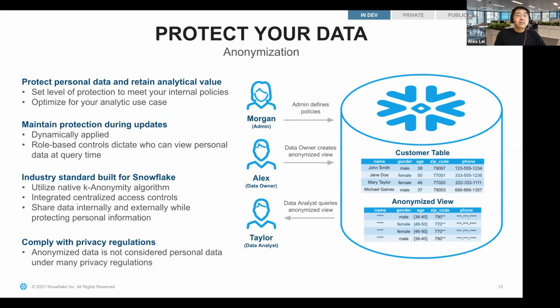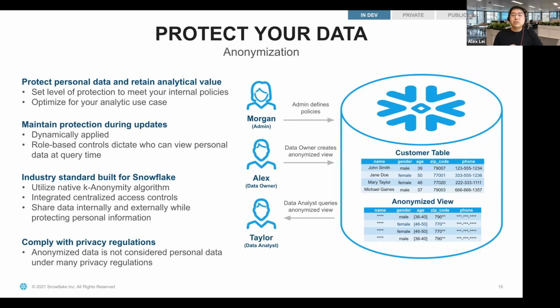Protecting your data. This is based on the object tagging capability. Your administrator can then apply policies so that different people see different views. You can see in this example on the right-hand side, we've got a customer table with PII type information, and a data analyst with restricted access would then see only partial information for the different columns.